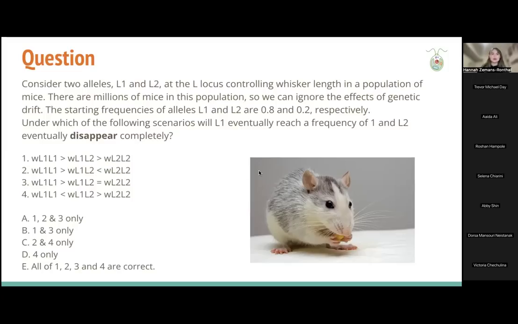So yeah, 1, 2, and 3 are correct. 3 is correct because it's the same as 1. It's just that the heterozygote and the homozygote L2 have the same fitness. But overall, it doesn't change anything because L1 still has that greater fitness.